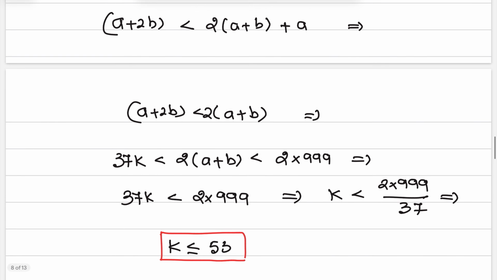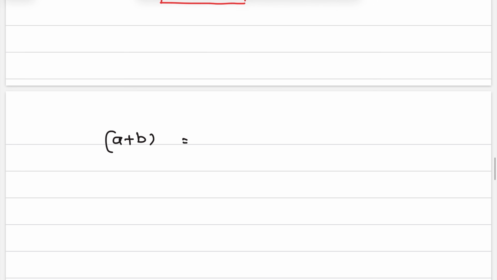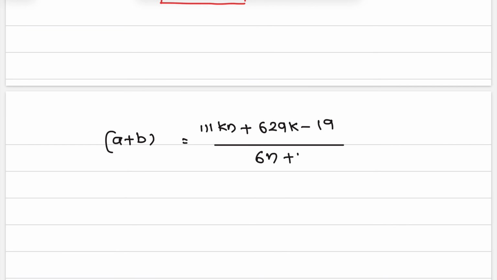A plus b is equal to 111 kn plus 629k minus 19 whole divided by 6n plus 17.